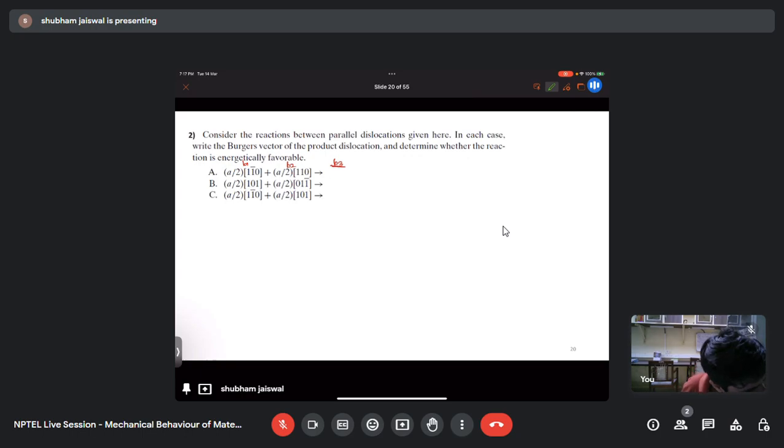So for the first condition, the b3 will be 2, 0, 0. Second condition, it will be 1, 1, 1.